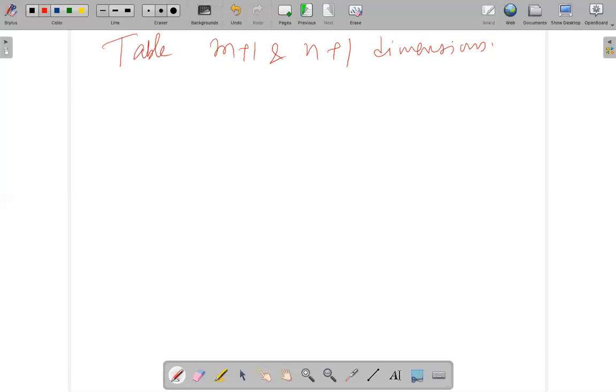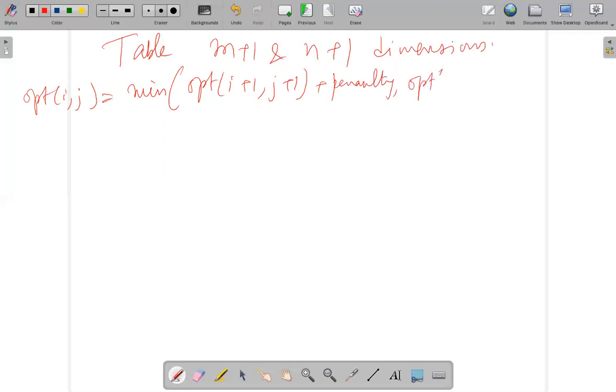So recall that OPT ij is minimum of OPT i plus 1 j plus 1 plus penalty, comma OPT i plus 1 comma j plus 2, comma OPT i j plus 1 plus 2.